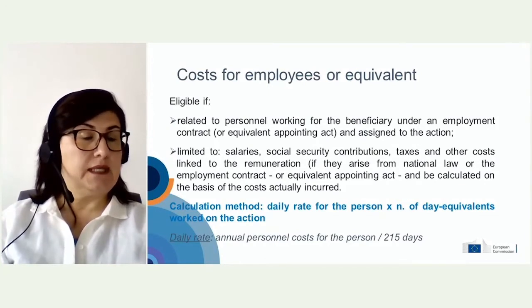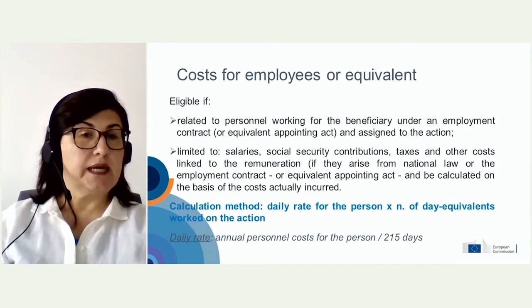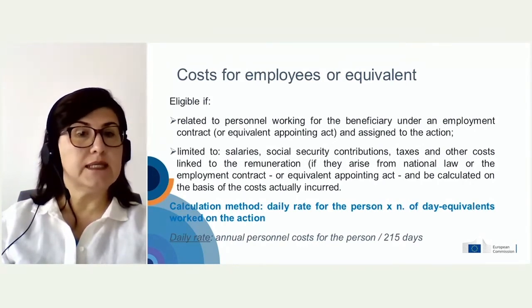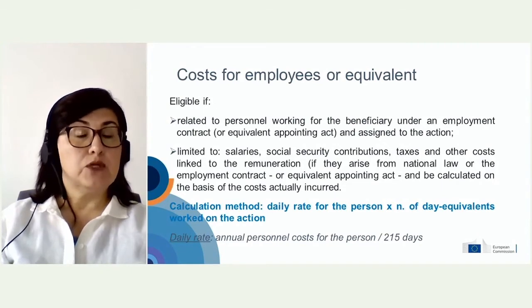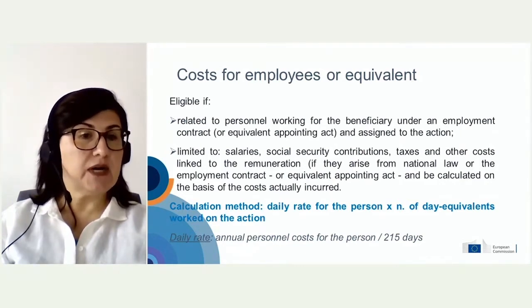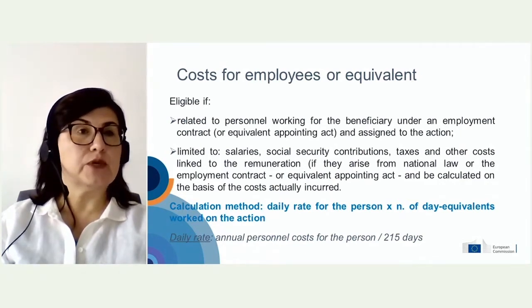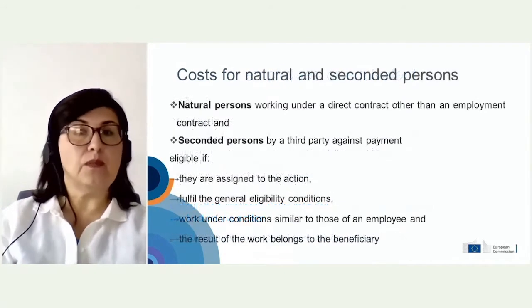You will see, and this is explained in the guidelines you will find online, that you have to use the daily rate of the person multiplied by the number of days worked in the action. As said, the daily rate is calculated dividing the annual personal cost of the person by 215 days.